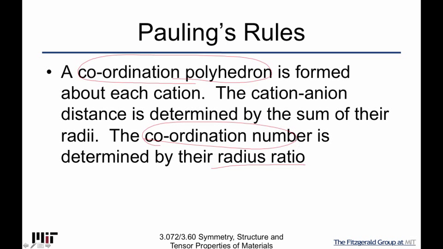Thinking about cations and ions helps in Pauling's rules as well as this hard-ball radius ratio idea. Everything is focused on ionic bonds here because it's a little easier to understand before we get into covalence. So we're almost there. We just have to do a little bit more work.